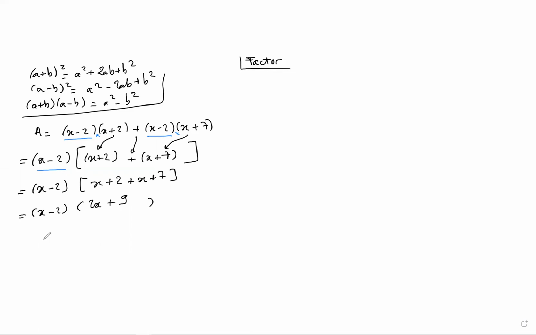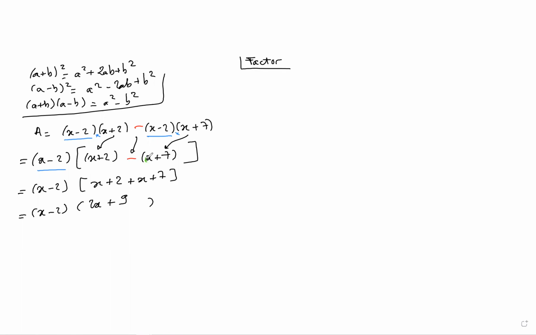Second example, or I'll show it on the same example. If here you had a minus, you have to be careful about something, which is when you want to get rid of these parentheses and you have a minus in front of it.